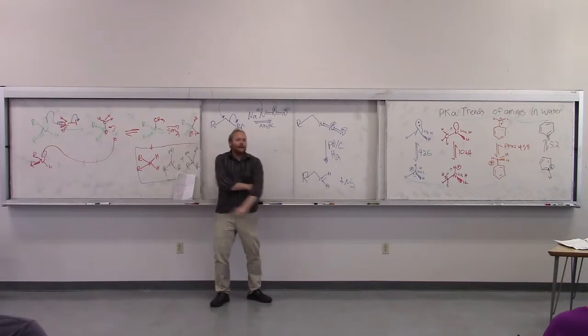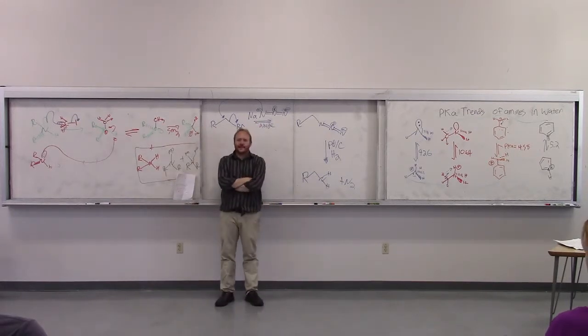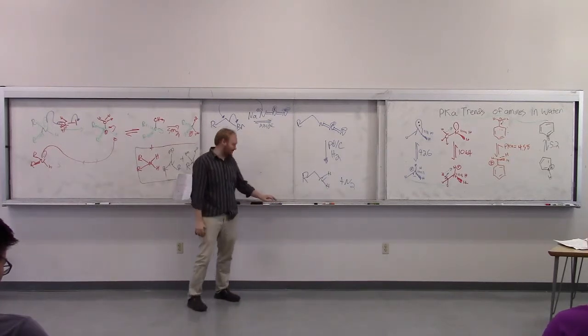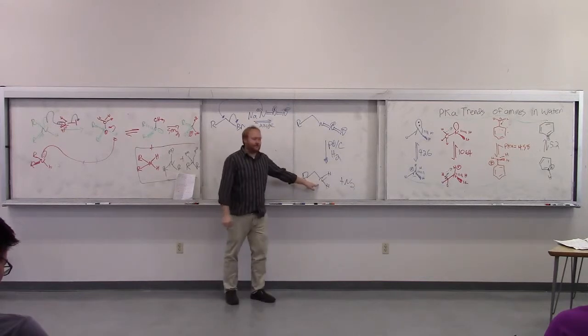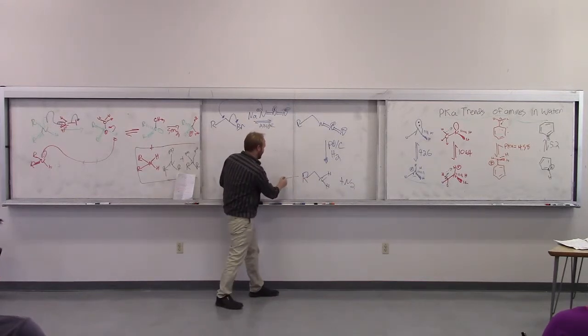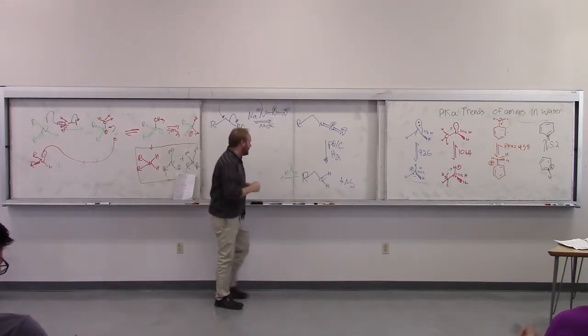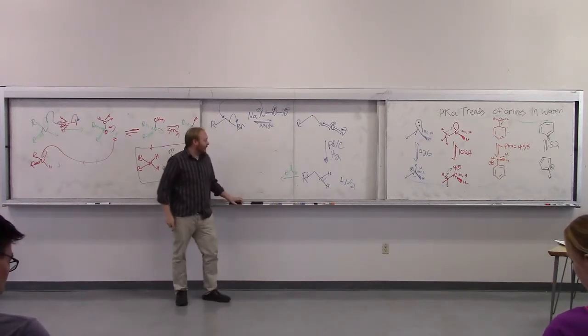So what if you wanted to make a secondary amine? Would this azide strategy let you make a secondary amine? Absolutely not. Here's how you make a secondary amine though. And it's through our favorite mechanism. So I had this amine I just made, and I throw in an aldehyde. If I take this aldehyde and this amine, what am I going to get out?